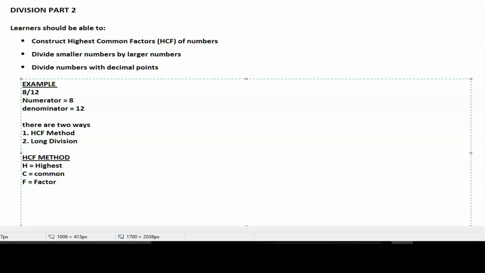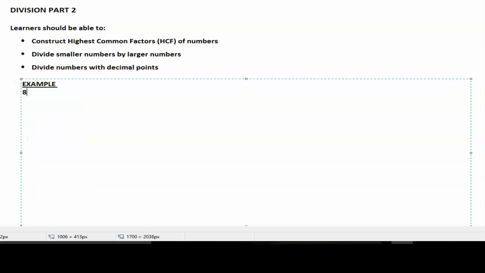If we look at 8, what are the factors of 8? Factors of 8. We have 1 multiplied by 8 gives 8. 2 multiplied by 4 gives 8.